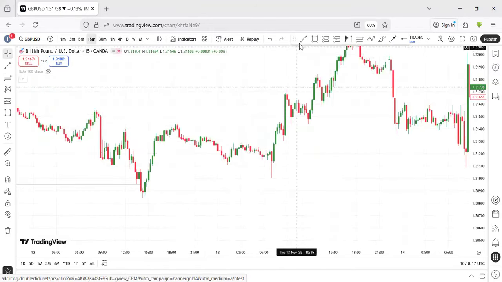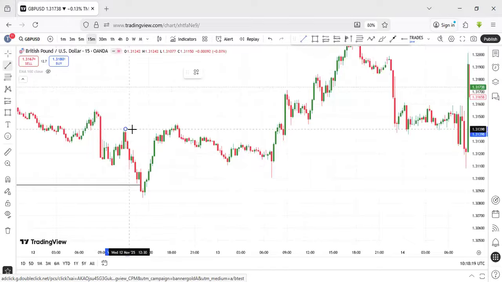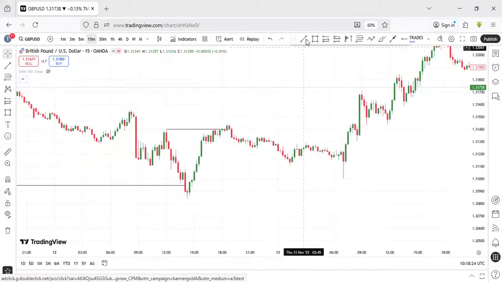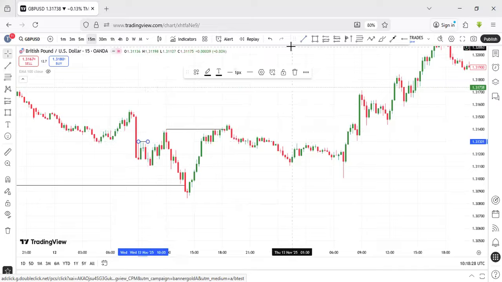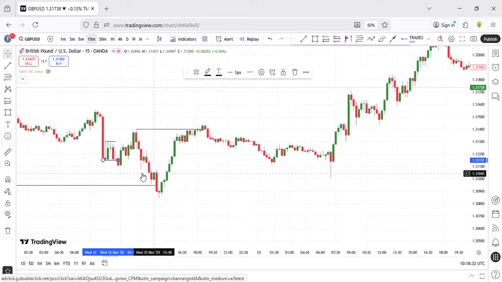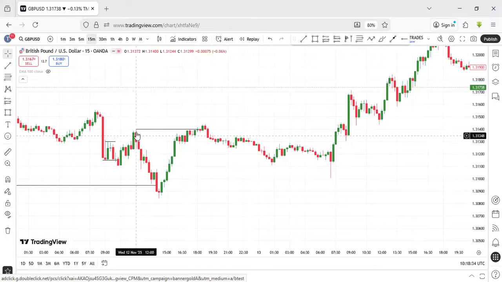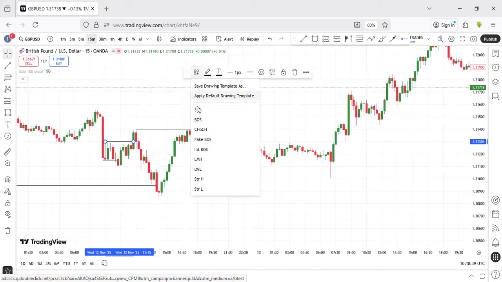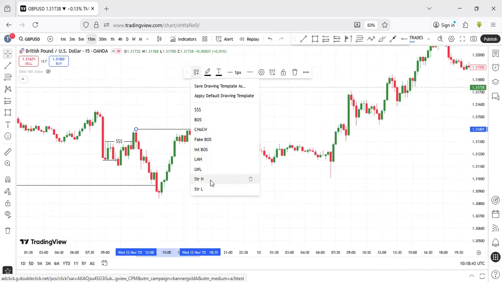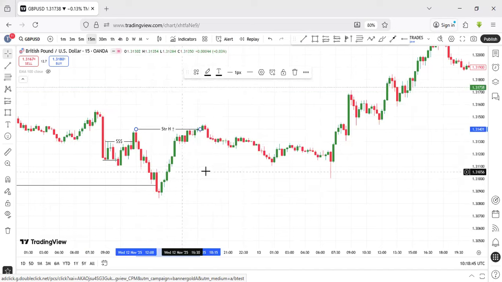We discovered that this market swept a liquidity here, which is this, because in this particular place, we can see that this high here created this low here, and then this low created a high, sweeping this liquidity. So we identify this as a liquidity sweep, and that makes this a strong high that we never wanted the market to go above.